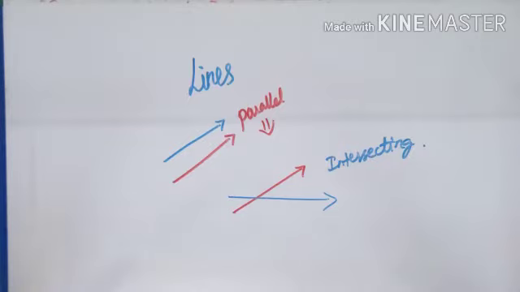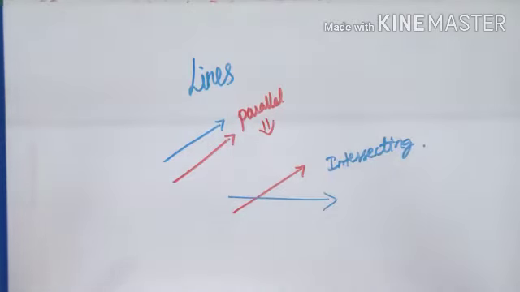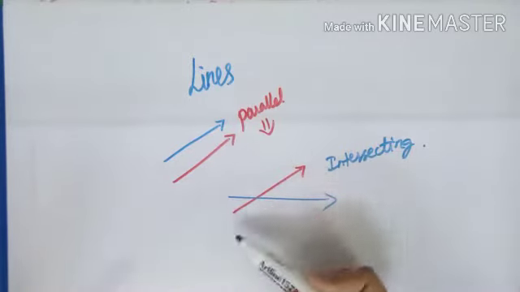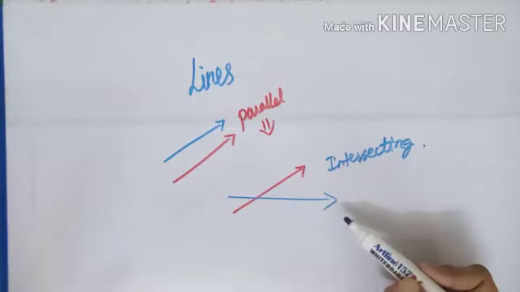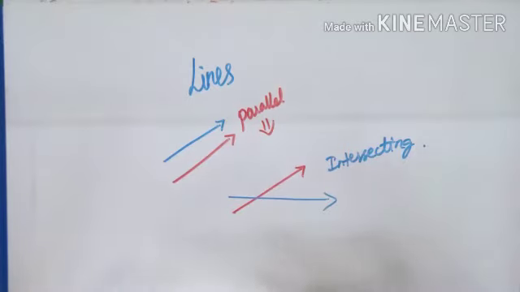Are there lines which are neither parallel nor intersecting? Two ideas I have given. The lines can be parallel or the lines can be intersecting. Are there lines which are neither parallel nor intersecting? See, for example, take two lines, one in one wall of your room and the other one in the other wall of your room.